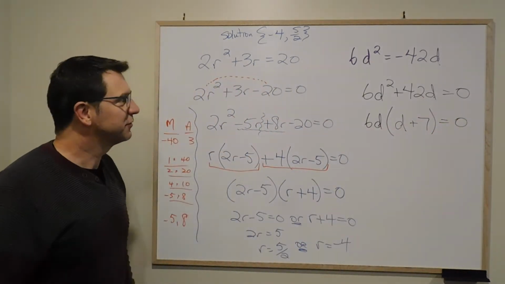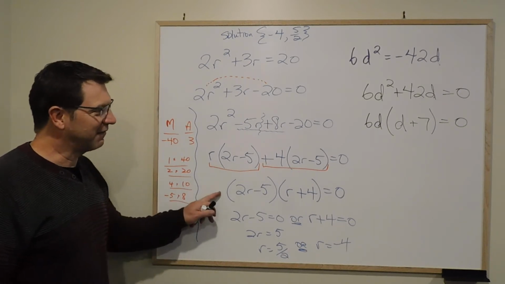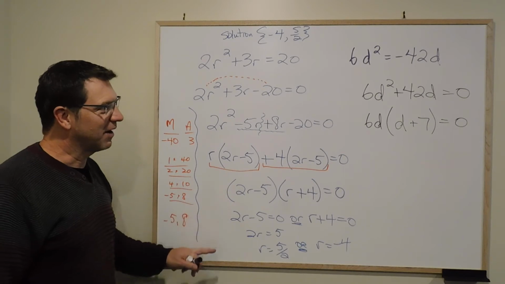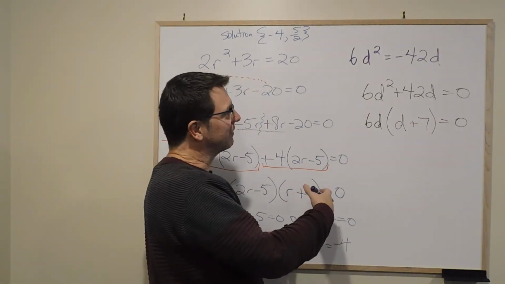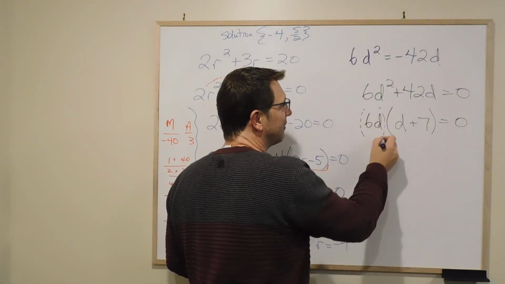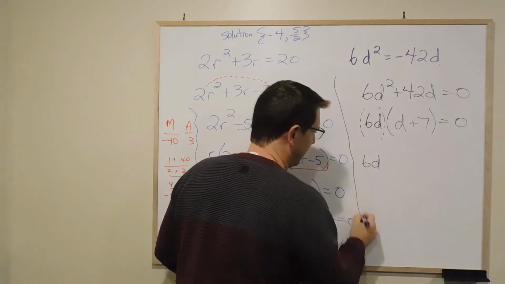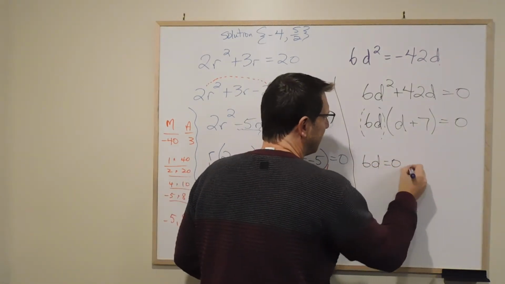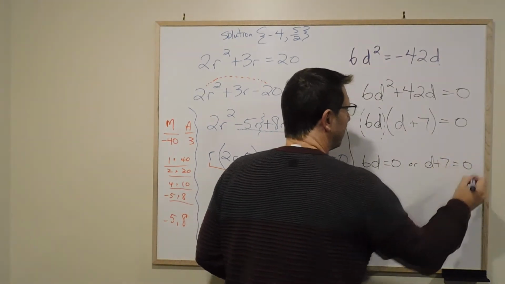Okay? So we got there a heck of a lot quicker and easier, but we still have the same scenario here. We don't have to put this in brackets because it's a common factor and no plus signs, but you could consider it as a bracket, the same way. And we'd say 6d equals 0, or d plus 7 equals 0.